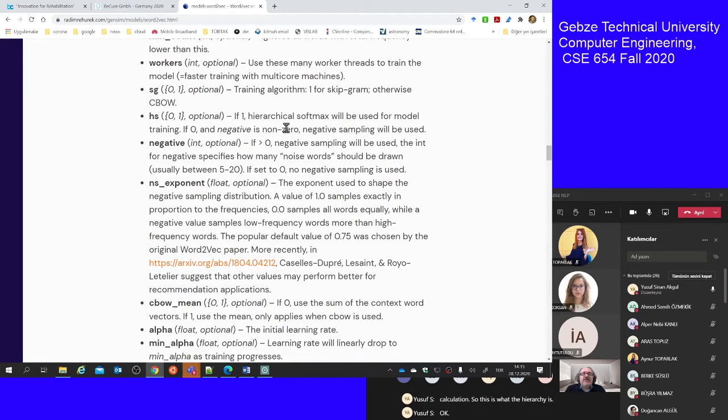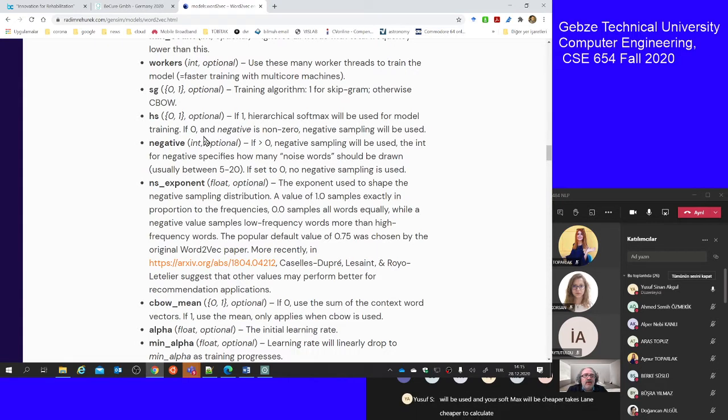If you want hierarchical softmax, then this is 1, otherwise 0. And if 0, instead of hierarchical, remember, negative sampling is something like that too. If you use 1, a hierarchical softmax will be used, and your softmax will be cheaper to calculate.